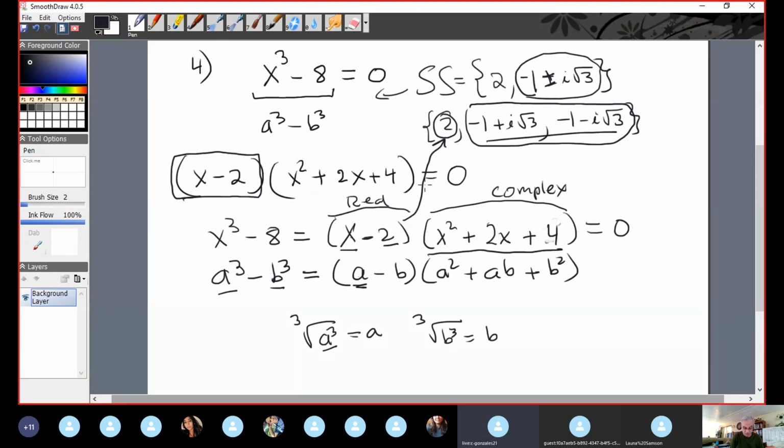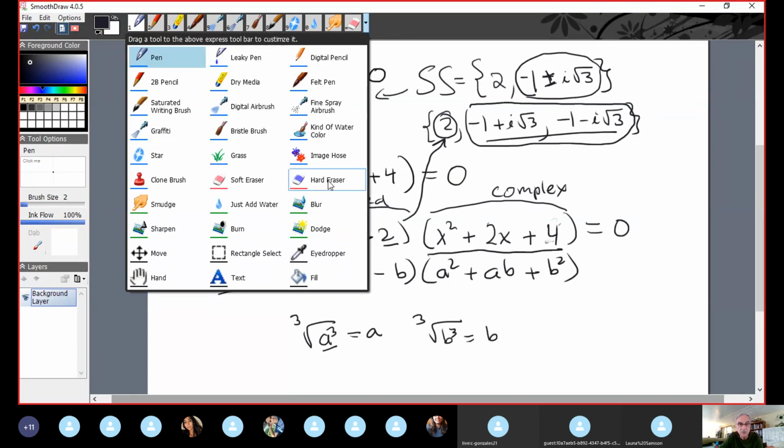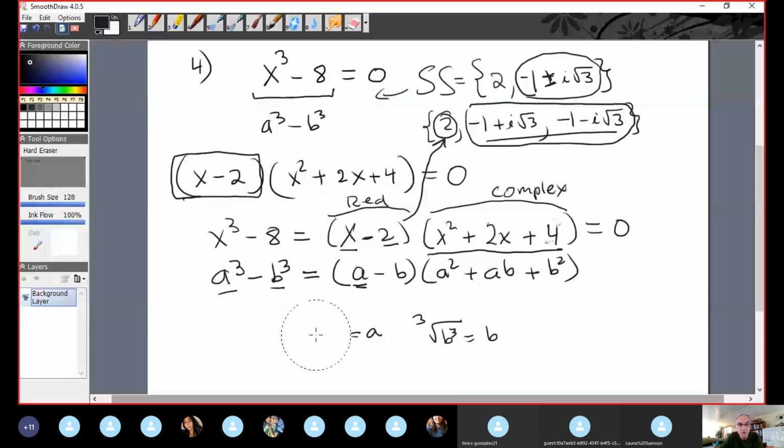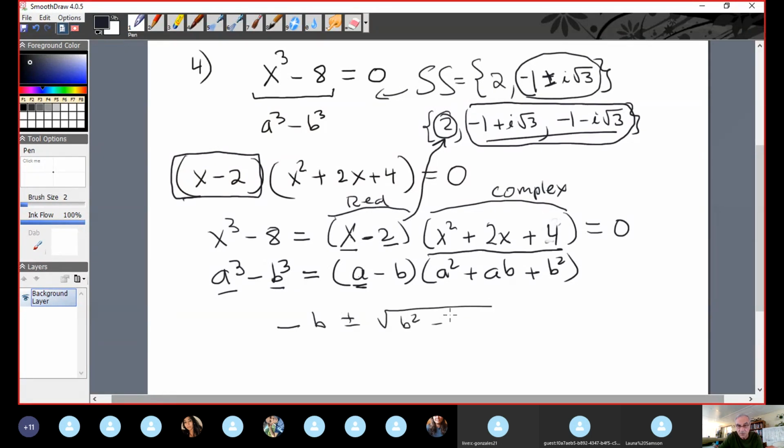It's about the other formula, minus b plus and minus square root of b. It's the quadratic formula: minus b plus or minus the square root of b squared minus 4ac, divided by 2a.